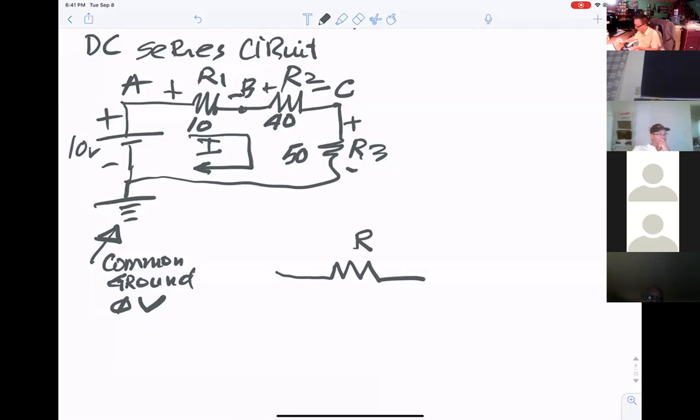The battery is positive here, so that side of the resistance will be positive.